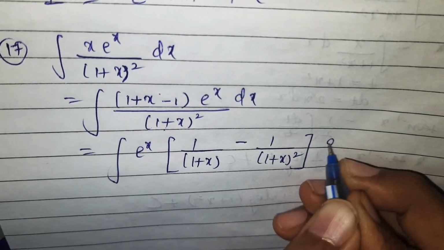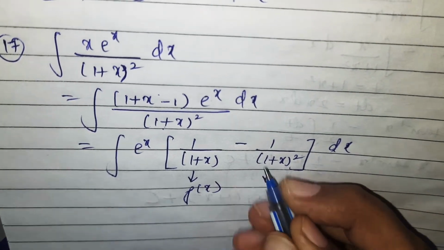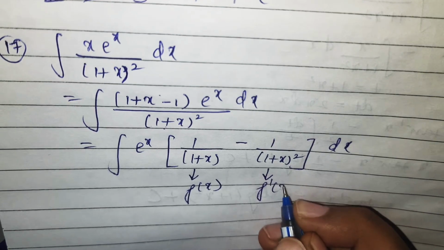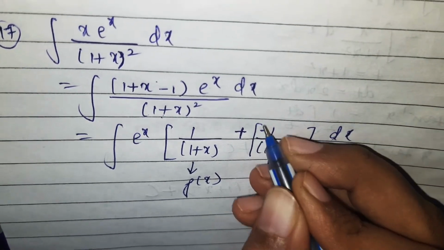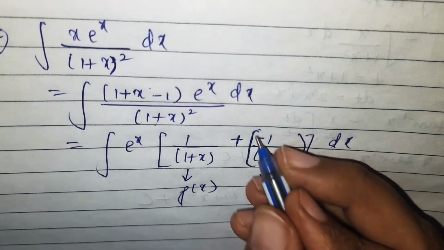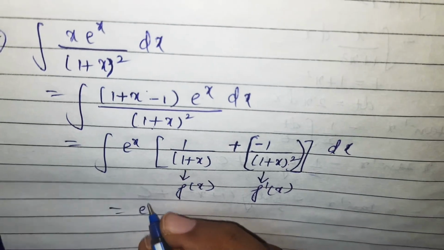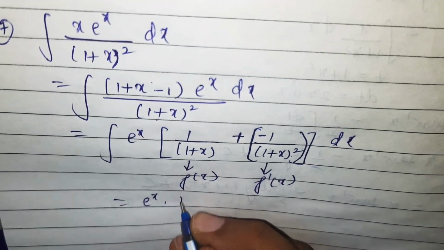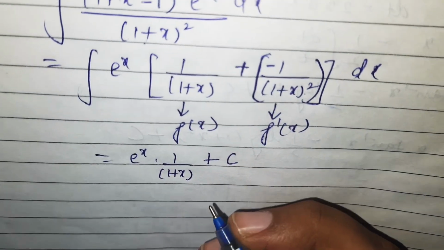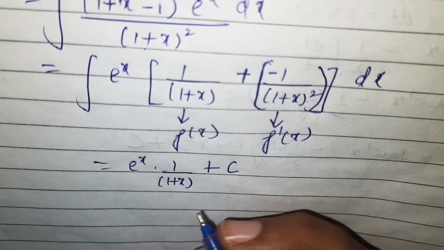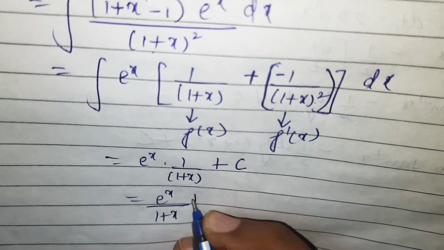Now you will be getting the same form. This is your f(x), and this is minus 1 upon, which will give you f dash x. This can be in a curly bracket because I have already used this bracket. So the final answer is e^x into 1 upon 1 plus x plus c, that is, e^x upon 1 plus x plus c.